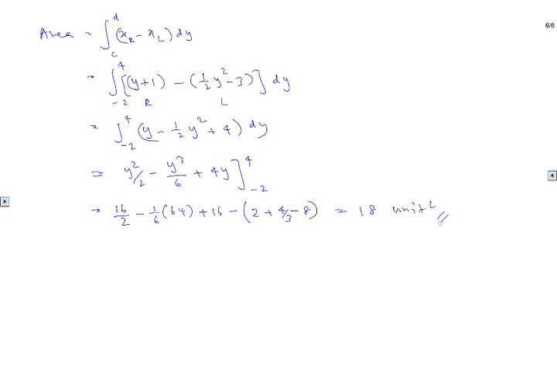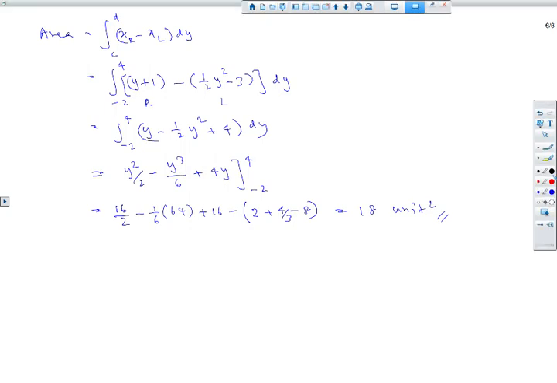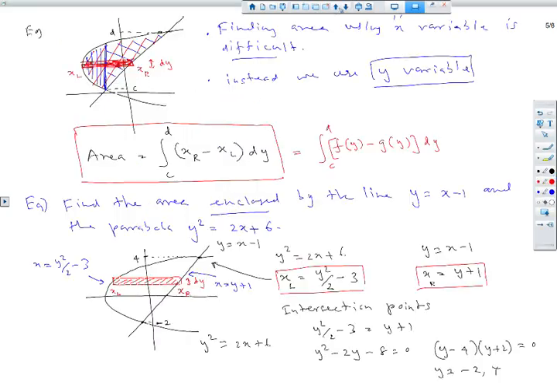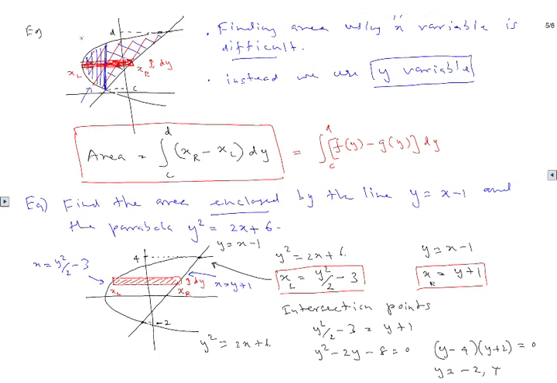Okay, so these are the typical area problems, and as we discussed before, if you try to do it using the x variable, you have to split the integral into two parts, because one integral doesn't work since the curve changes. In the first part you have these two curves, and in the second part you have two different curves here.